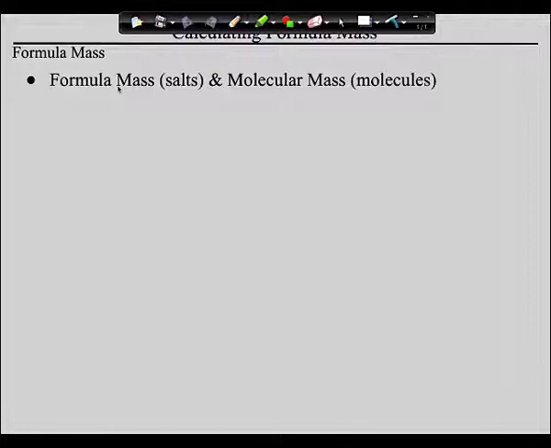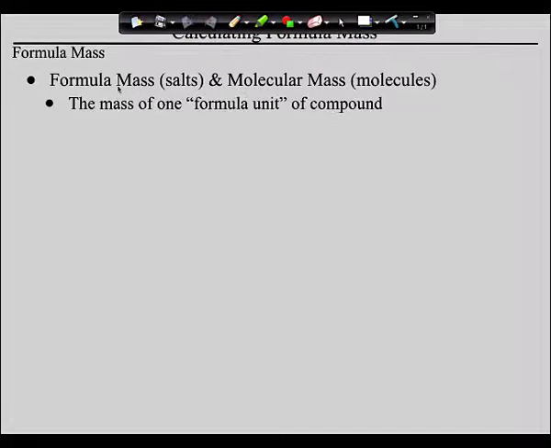They're calculated the same, everything works the same. We just use a different term because salts don't exist as molecules. So the bottom line is this: whether it's a formula mass or a molecular mass, what we are talking about is the mass of one formula unit of the compound. And guys, these masses will always be given in AMUs. Remember those? Atomic mass units.